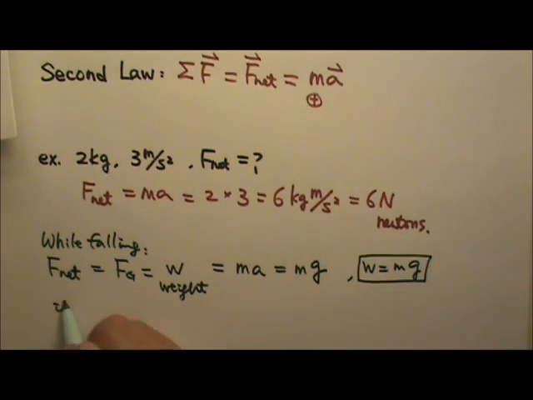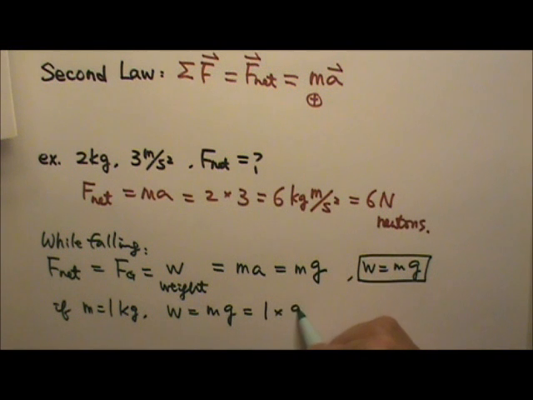So, if you have a 1 kilogram object, the weight mg would be 1 times 9.8, would be 9.8 newtons. If everything I put in is in standard units, 1 kilogram, 9.8 meters per second squared, I'm going to get the force that's in newtons.